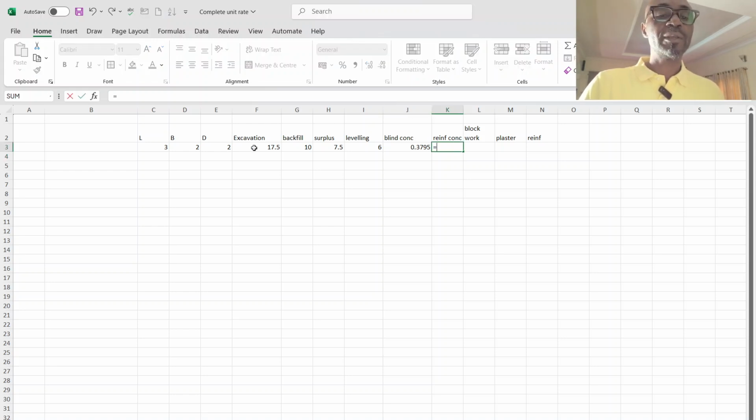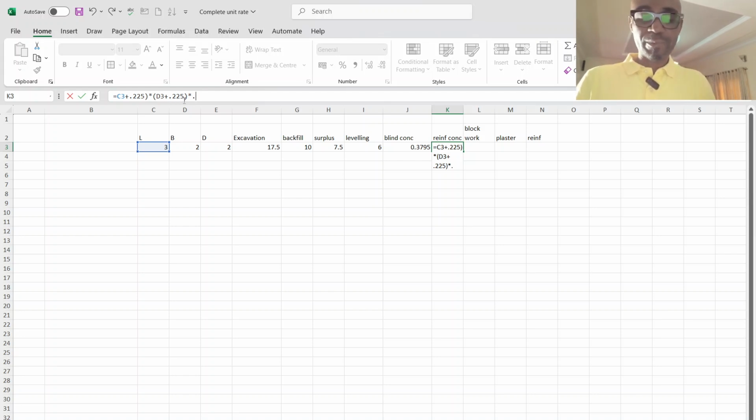Reinforced concrete, the same thing, plus 225 times this plus 0.225 times 0.15, which is the thickness of the raft, and the thickness of the cover slab, 150.